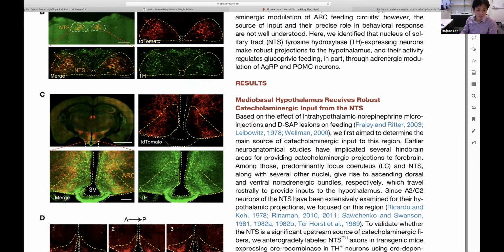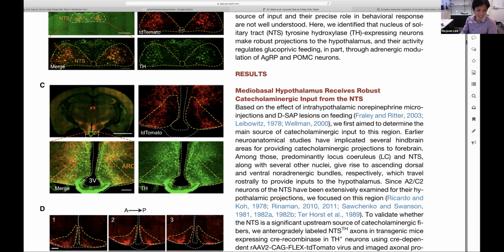I don't know why particularly, but they do see some TH cells there, which isn't surprising, but I don't know what this really adds to the figure. Maybe TH is projected to the VMH after the ARC.